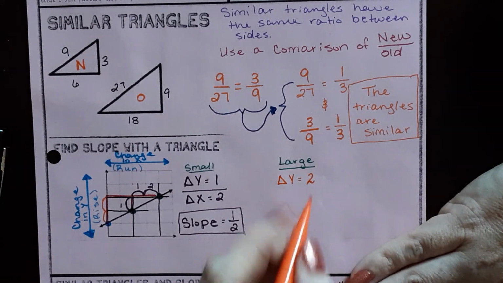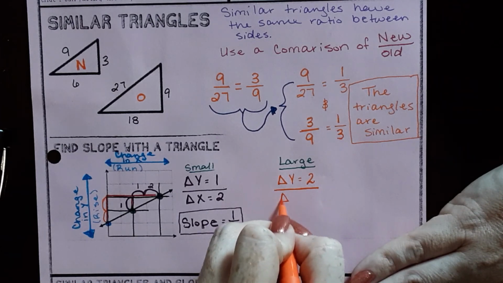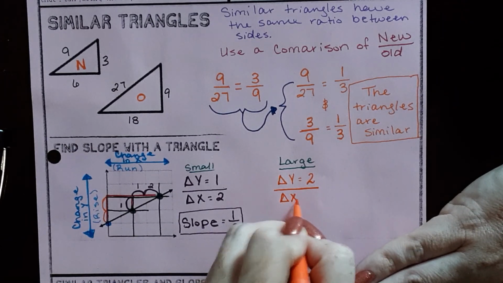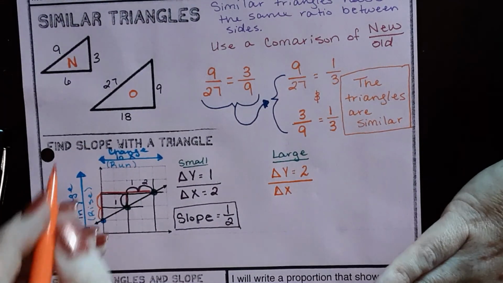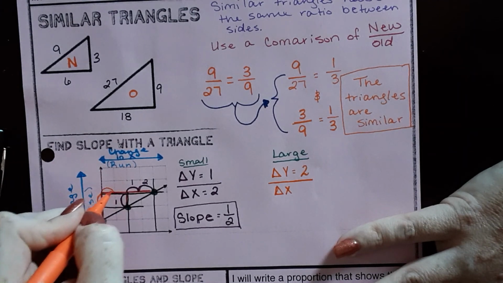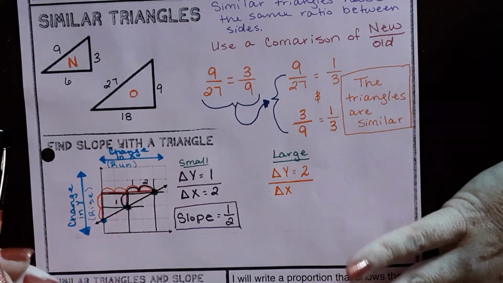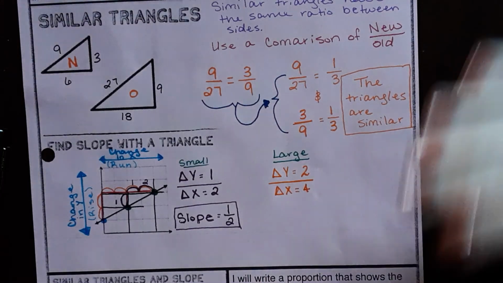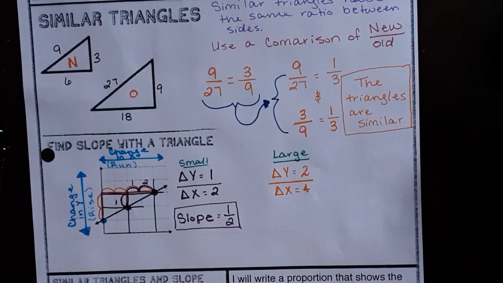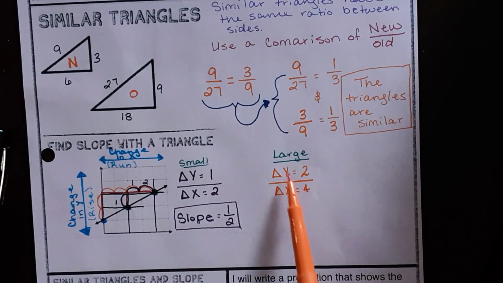And we're going to place that over my change in X, or your horizontal movements. 1, 2, 3, 4 movements. My horizontal movements is 4 movements. So in this case, my change in Y over change in X is 2 over 4.